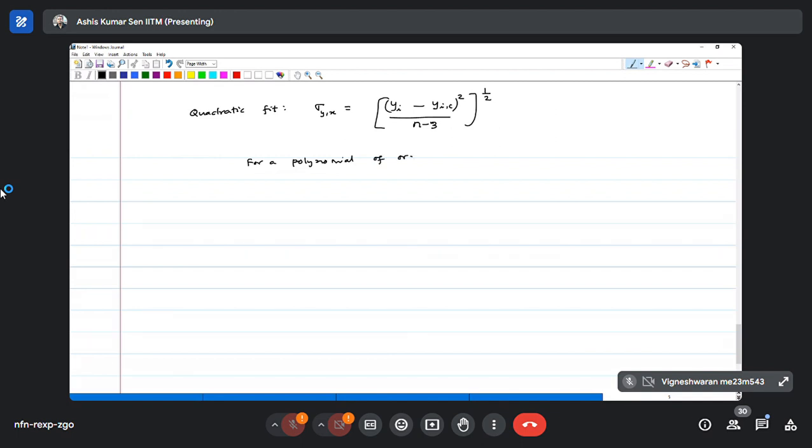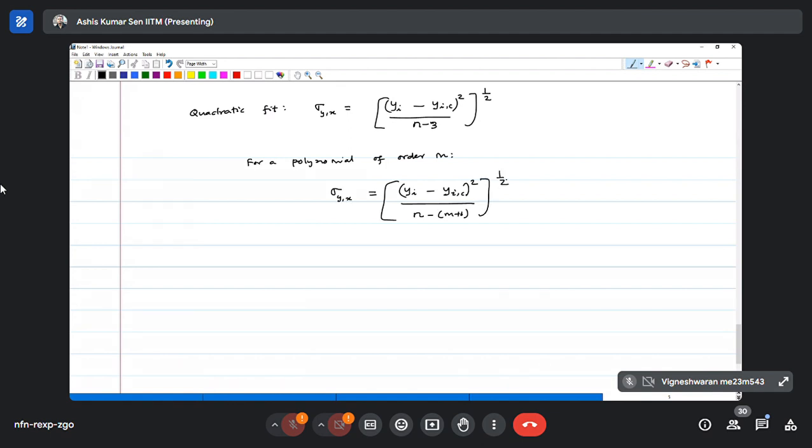So in general, for a polynomial of order m, you will have sigma y comma x will be yi minus yic, square, sum, divided by n minus m plus 1, to the power half.